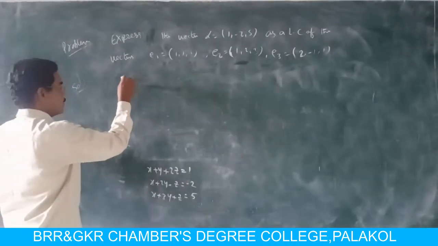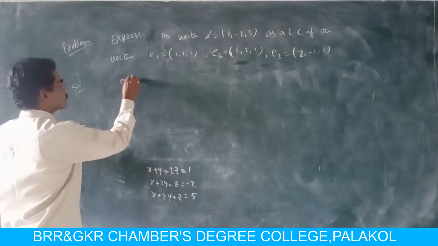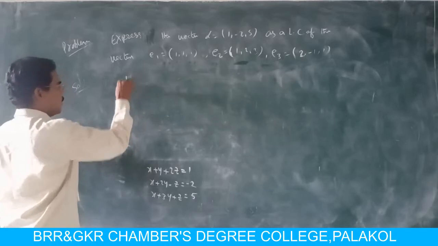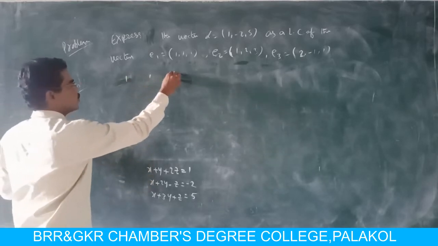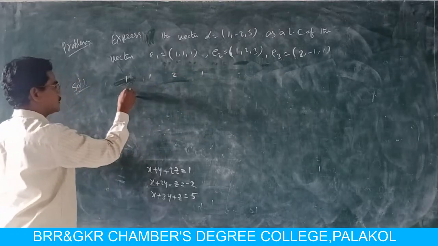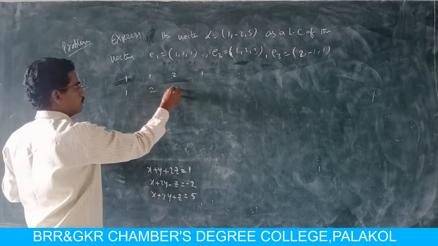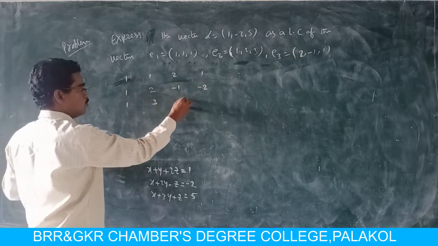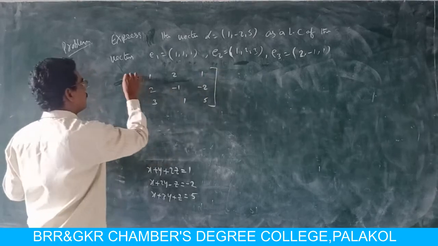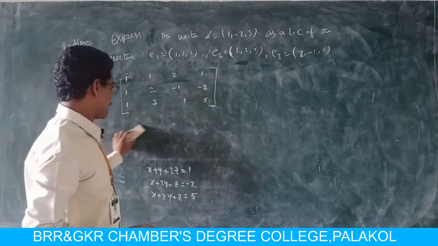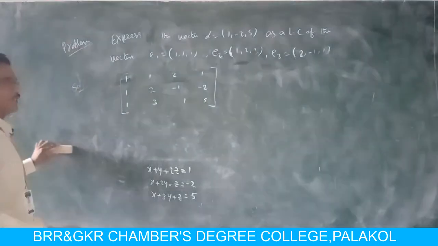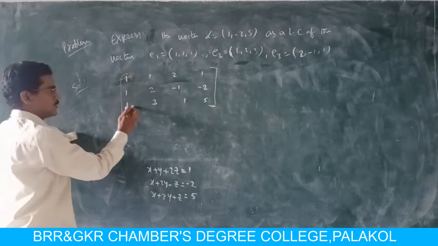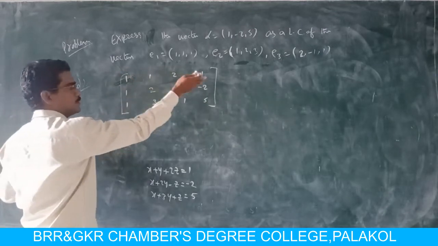That means 1 1 2 1, next 1 2 minus 1 minus 2, 1 3 1 5. This matrix can be reduced into the echelon form. Here there are rows 1, 2, 3 and this is 1, 2, 3, 4 columns.